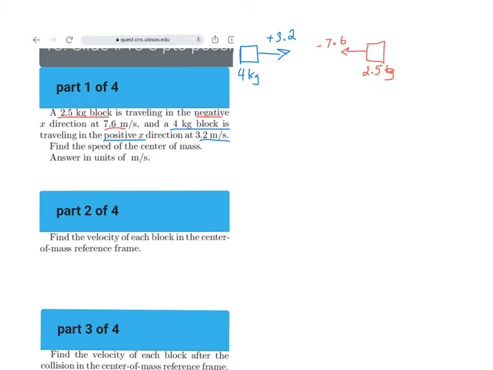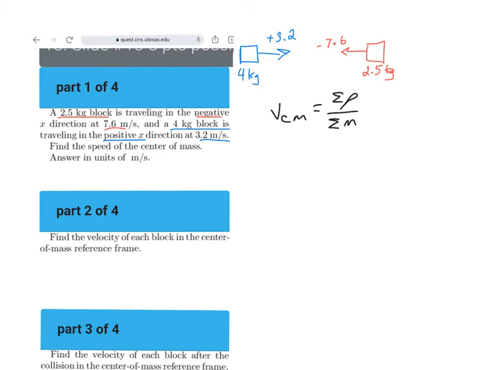Let's go ahead and just solve for it. The velocity of the center of mass, we'll call that VCM, is going to be equal to the total momentum of the system divided by the total mass of the system. You can treat it like an inelastic collision.